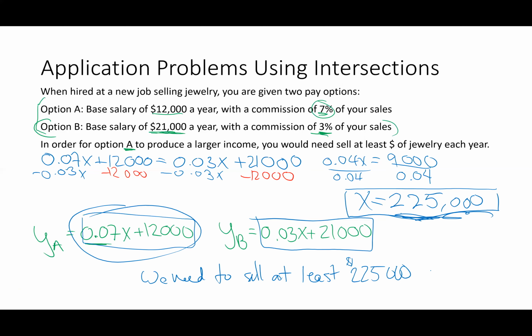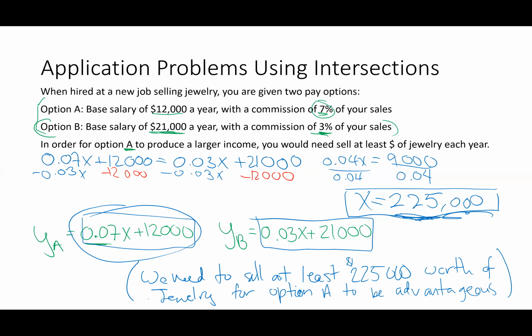That's crazy to me. Worth of jewelry for option A to be advantageous. Okay.